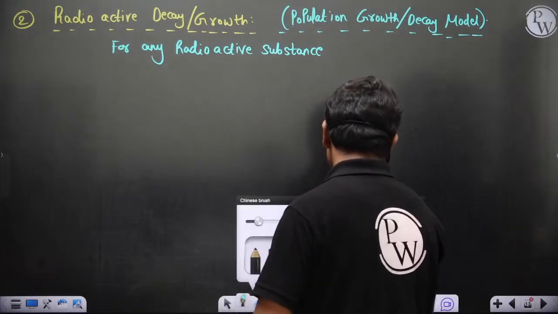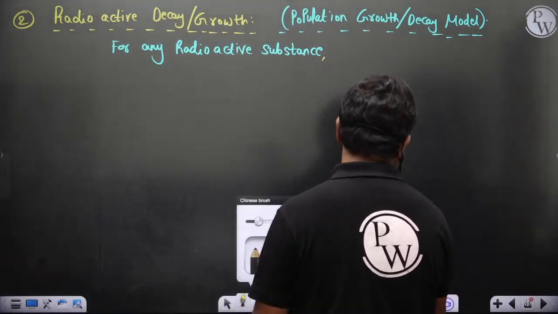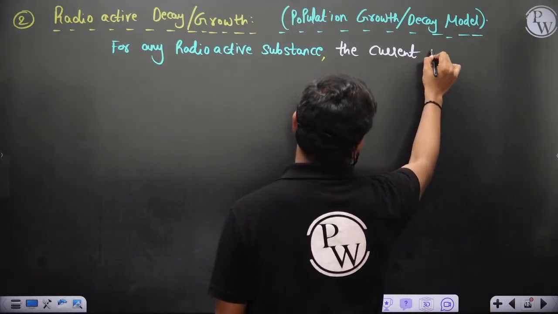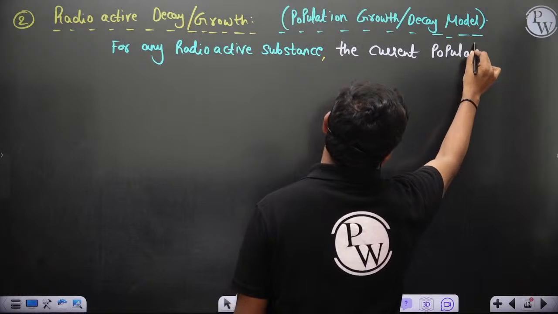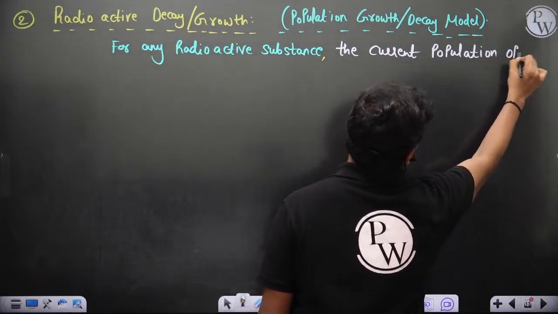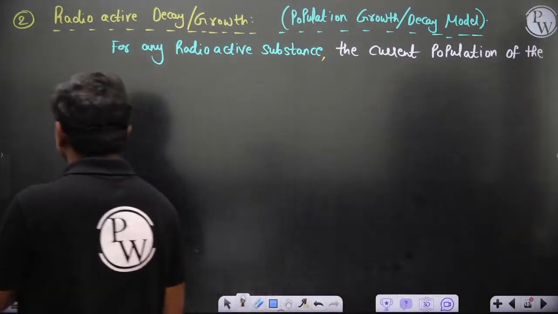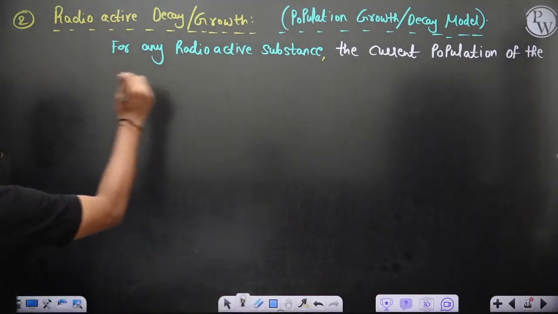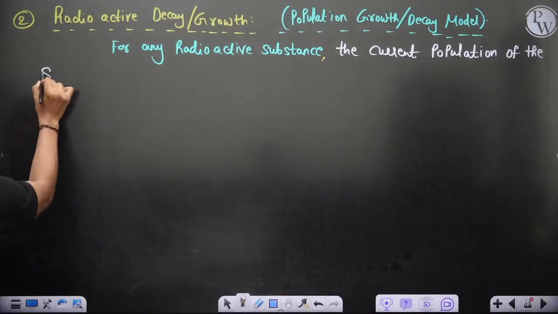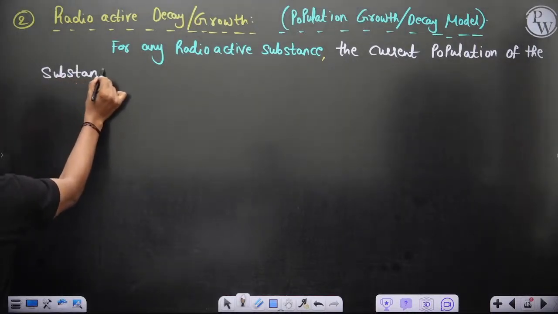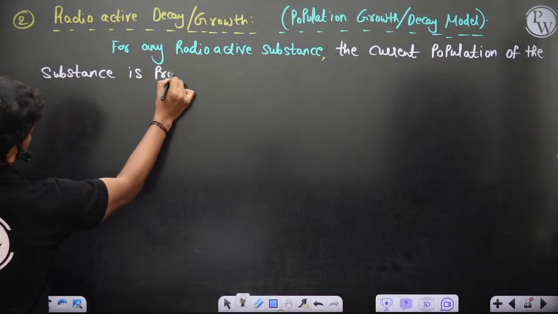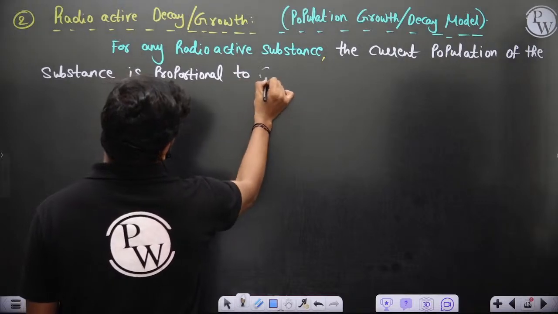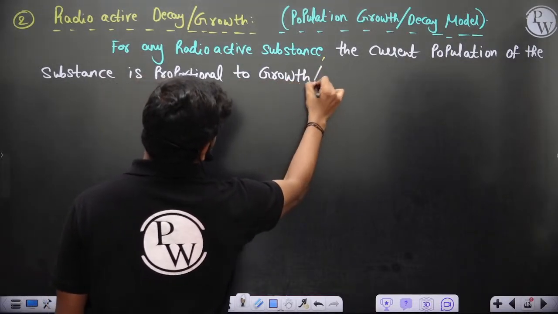Then for any radioactive substance, the current population of the substance, the current means, let's say in terms of nuclei or bacteria cells, whatever, the current population of the substance is proportional to growth or decay in general.